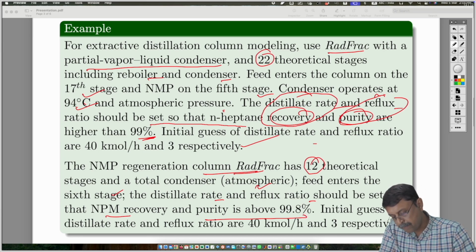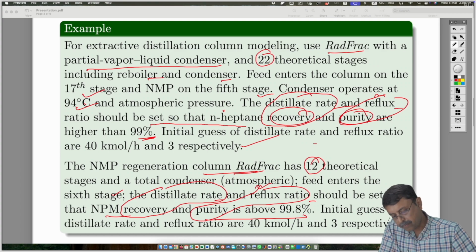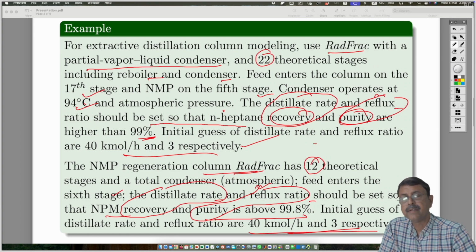So here also the distillate rate is clubbed with recovery and reflux ratio is clubbed with purity, and we have to use some design spec in order to achieve that. Initial guess of distillate rate and reflux ratio is the same as that given in the first column.